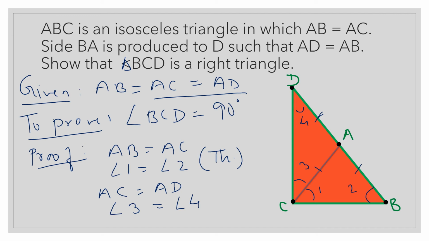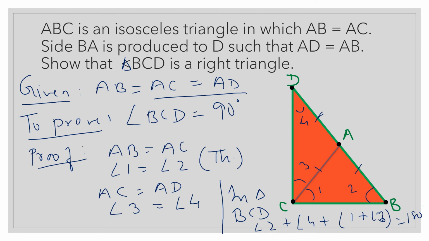Now, in triangle BCD, the sum of all the three angles, that means angle 2 plus angle 4 plus angle 1 plus angle 3 gives you 180 degrees. Now, the remaining part I am doing here.